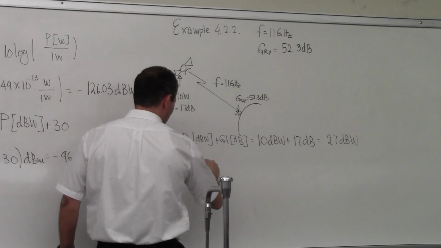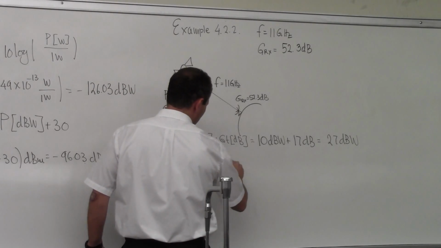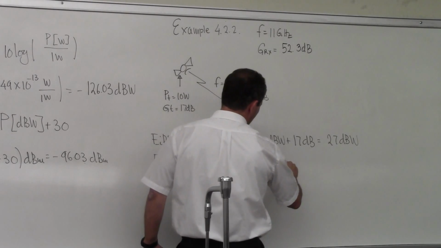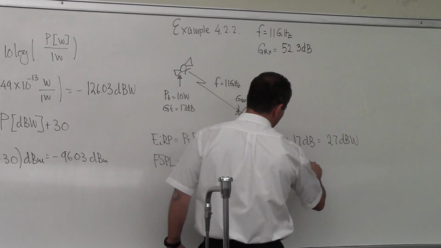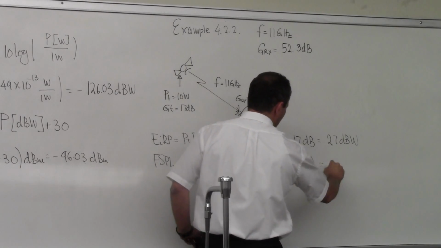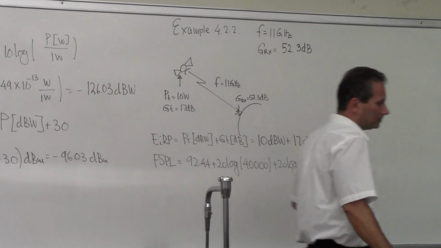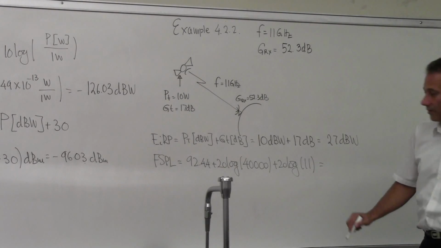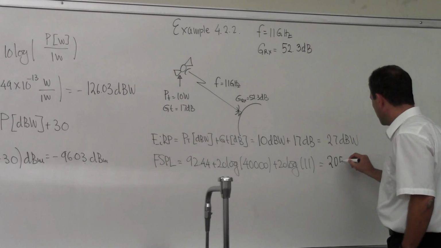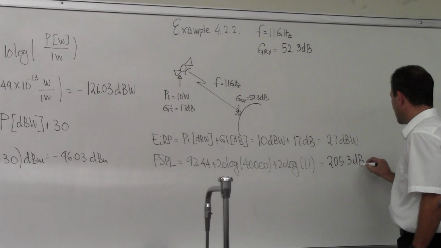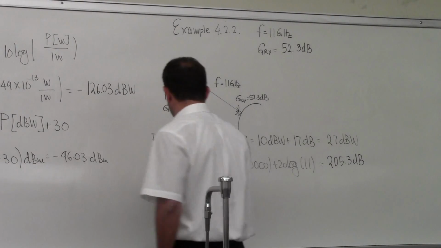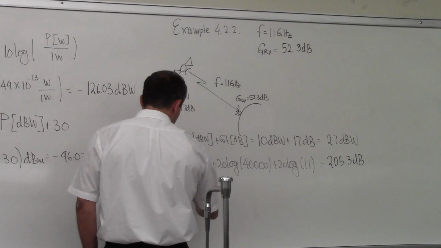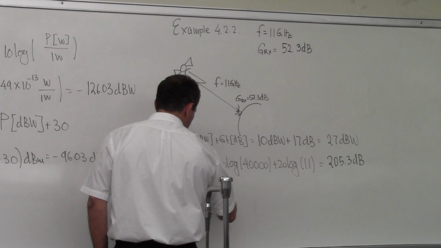It is 92.44 plus 20 log of 40,000 plus 20 log of 11 gigahertz. This ends up being 205.3 dB.